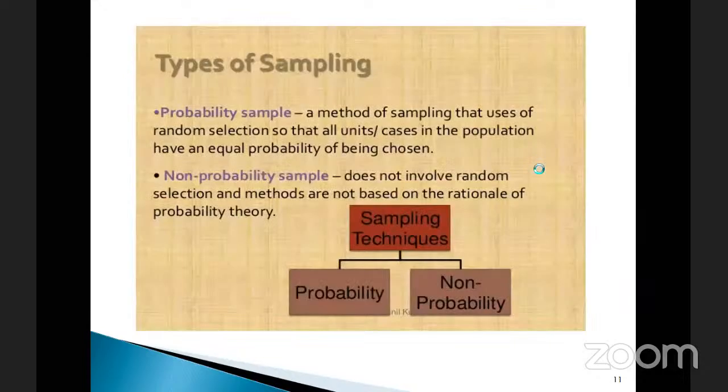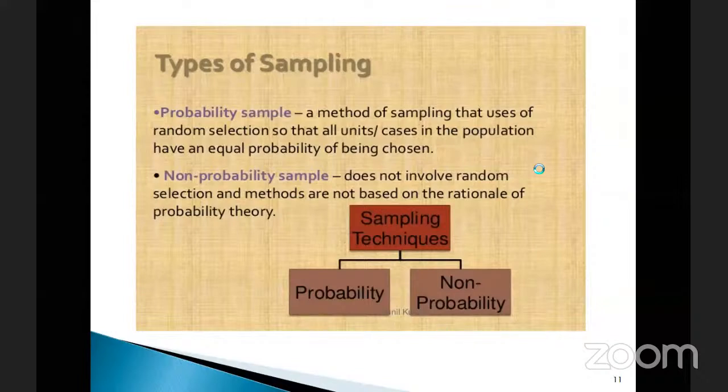Now, types of sampling. We have said that your method of sampling will affect how the sample can represent a population, that the method of sampling can affect how the result you get from a sample can be extrapolated to explain what happens to a population.